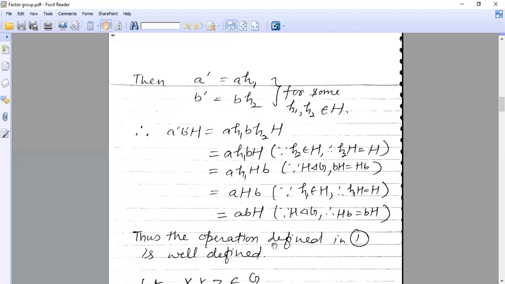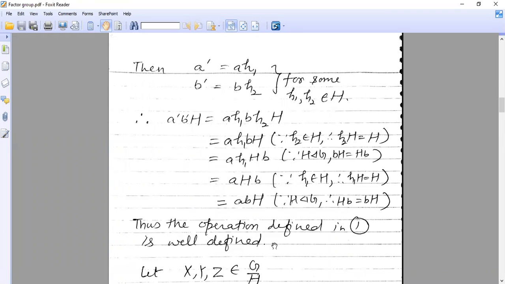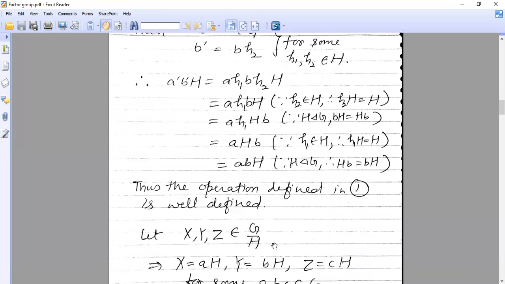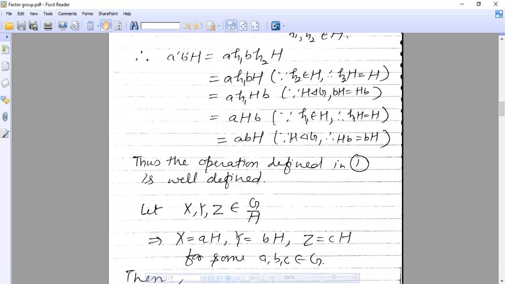So now that we have proved that the operation is well-defined, now we will prove all the other properties of a group, like closure property, then associativity, existence of identity, and existence of inverse for every element. So let us see all the properties one by one. So for proving those properties, let us take these three elements in G upon H, X, Y, Z. So these are all cosets.